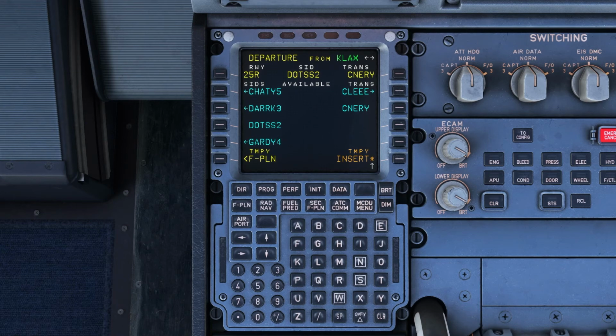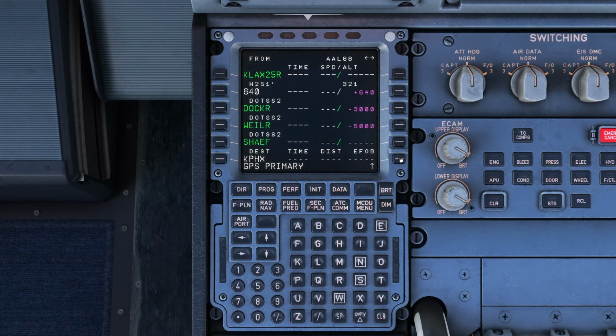And all that means is then, once you hit the scenery, you're essentially on your own. You still have a flight plan that you have to follow. But that's what they're telling you. All right. So once you have your departure in, your runway, the departure, and the transition, you would insert that into your flight plan. Now all of a sudden, you have all these little waypoints that show up.